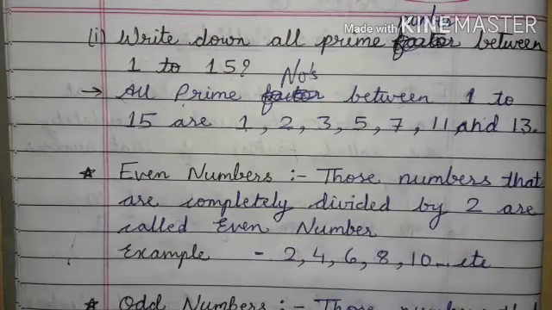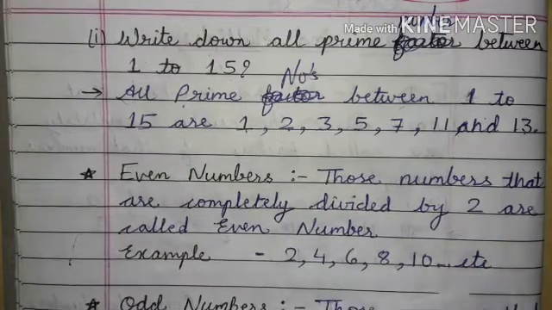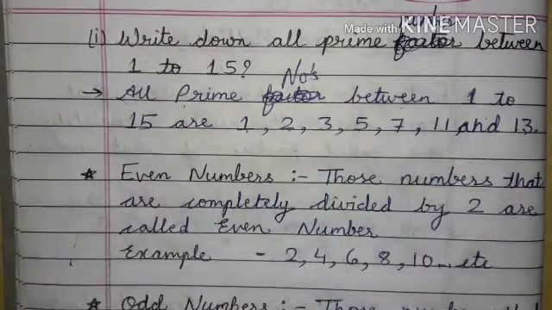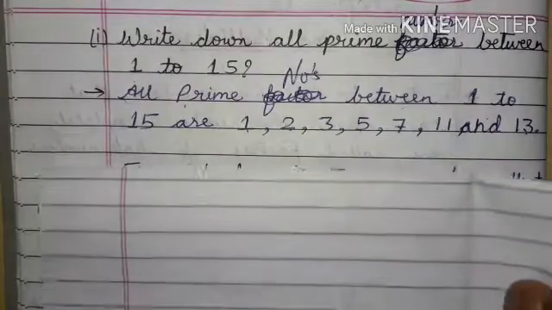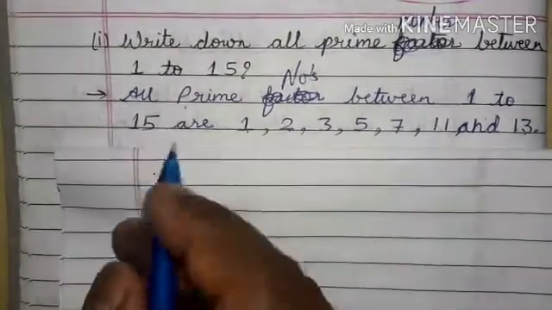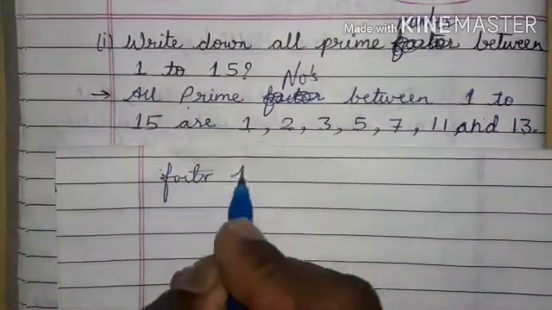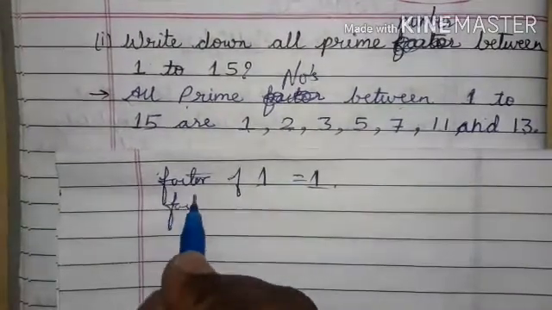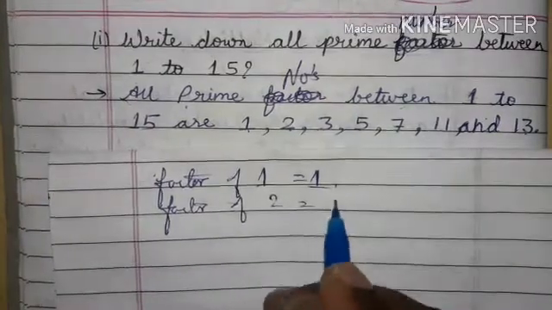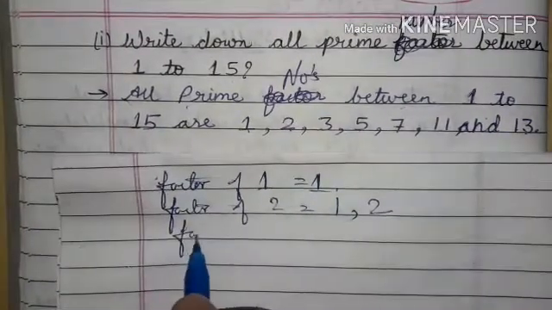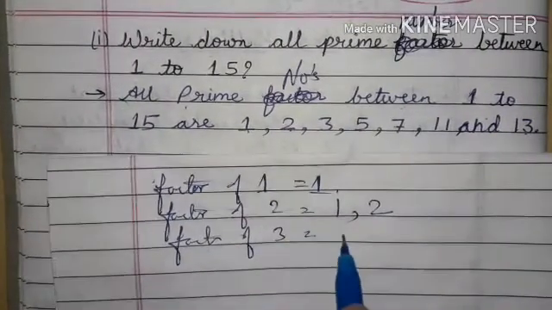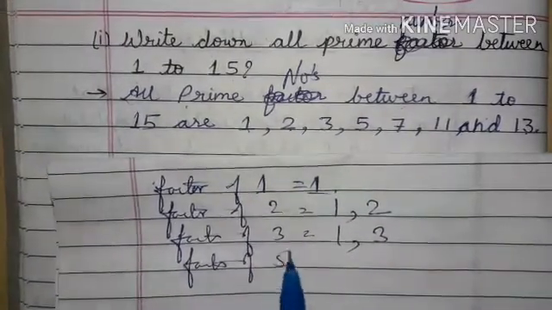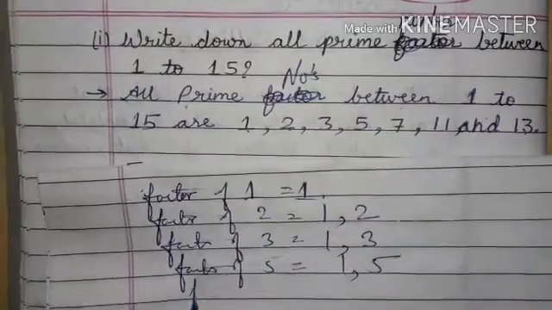Why are they all prime numbers? If we see the factors of these numbers, 1 can be divided by only 1. Factors of 2: 2 can be divided by 1 and 2 only. Factors of 3: 1 and 3. Factors of 5: 5 can be divided by 1 and 5.